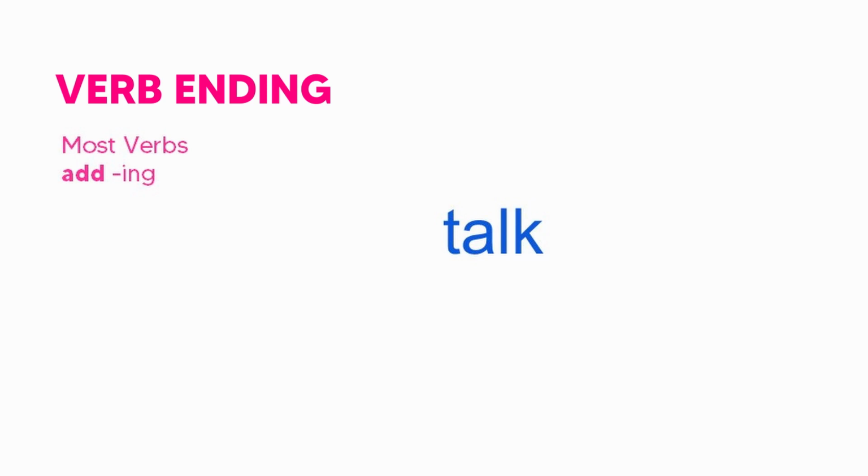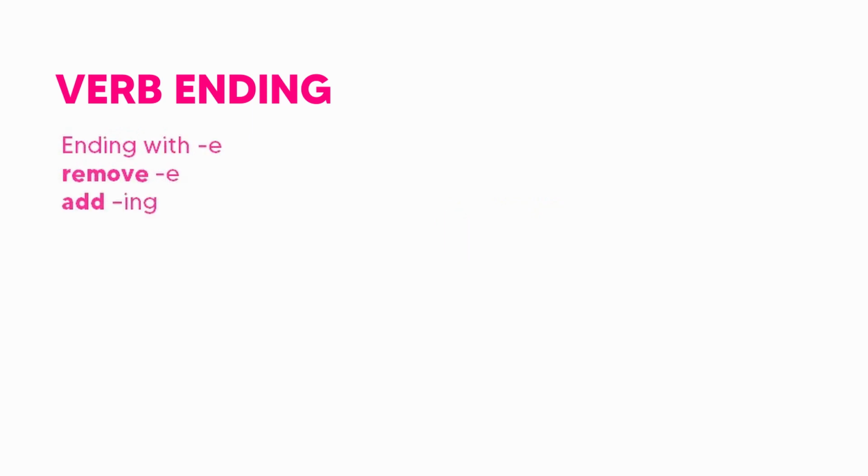Or talk, we add ing and it becomes talking. Now, if the verb ends with the letter E, we need to remove the letter E and add ing. For example, take becomes taking, and hike becomes hiking.